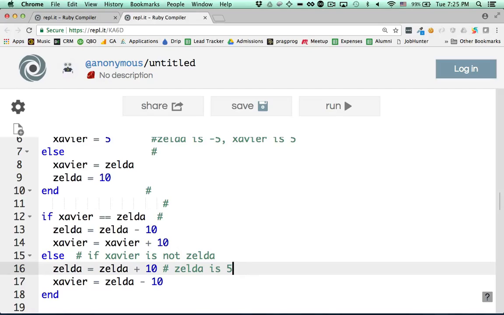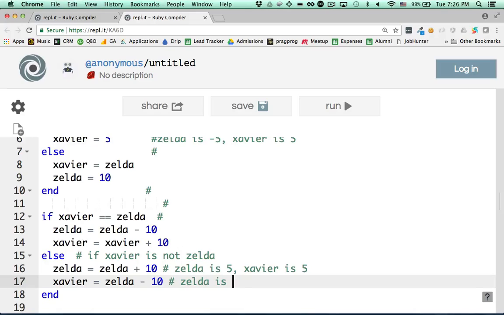Zelda is now 5. Xavier is still 5. And what is Xavier now? Xavier is now -5, right. So Zelda, still 5, but now Xavier becomes -5.